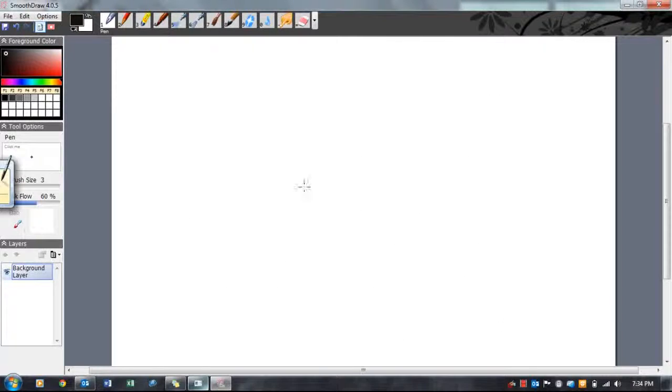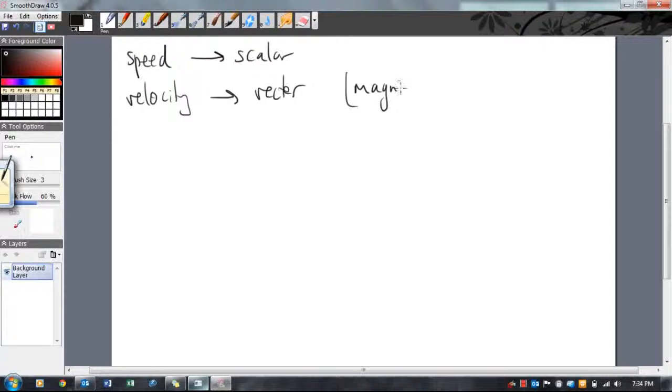Finally, I haven't spoken about what speed is. Speed is a scalar, whereas velocity is a vector. So velocity has magnitude and also has a direction, whereas speed only has magnitude, it has no direction.